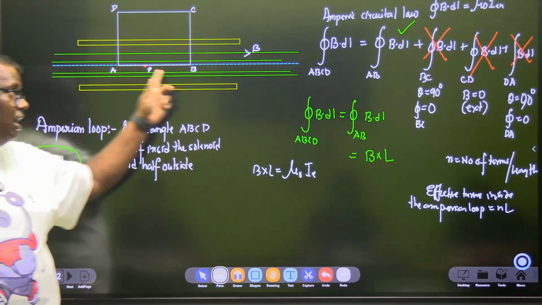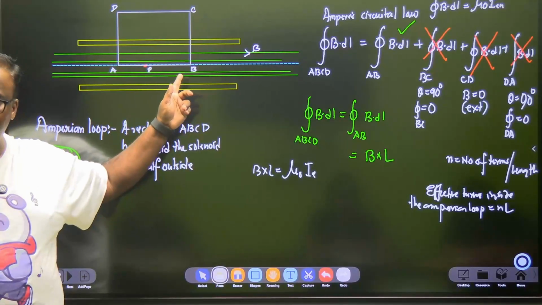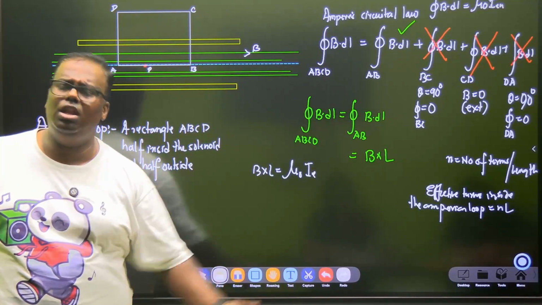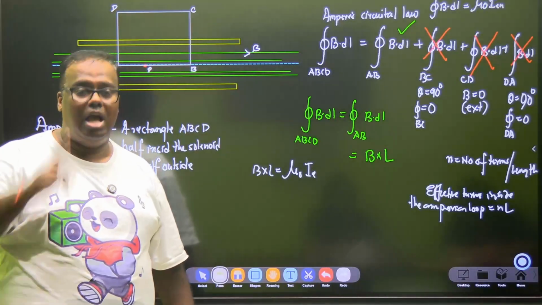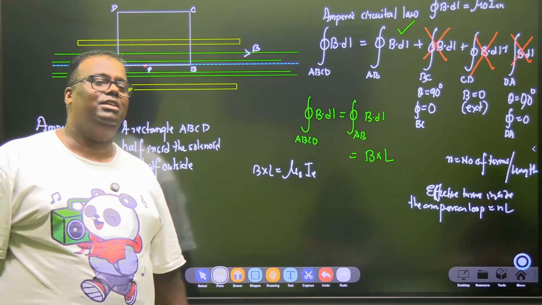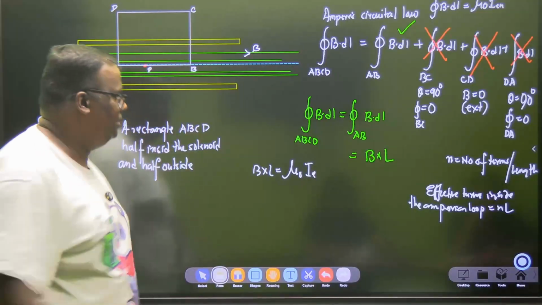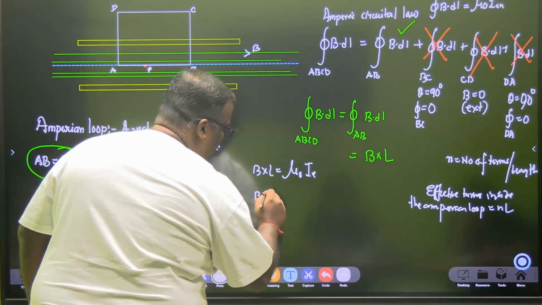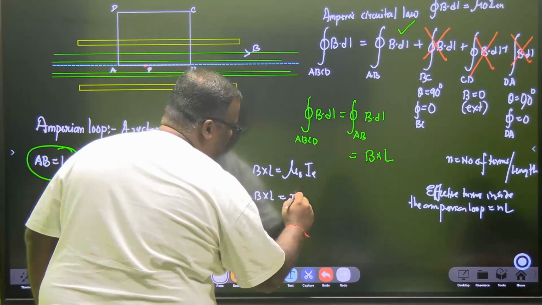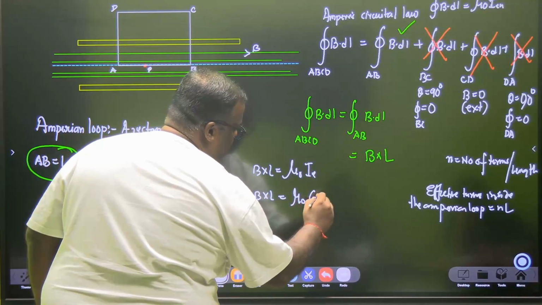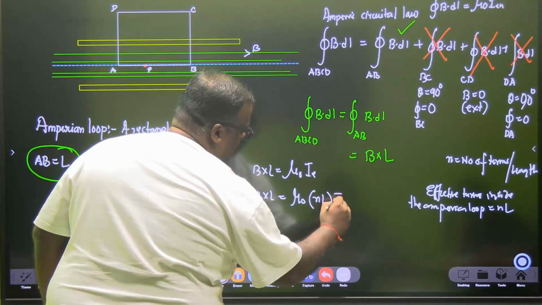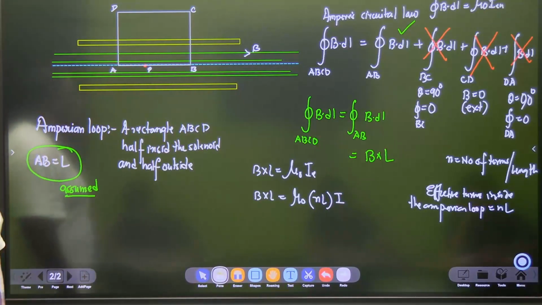How much length are you eating up now? L. So how many turns did you consume? nL. Each turn has how much current, Zoe? I. So nL turns have nLI. So B into L becomes equal to mu naught times nLI, where I is the current carried by the solenoid.